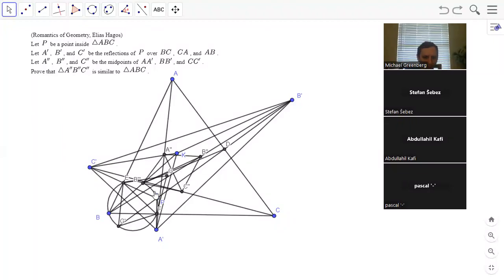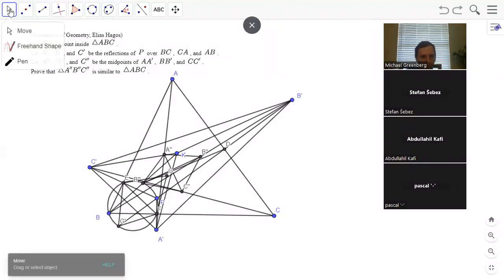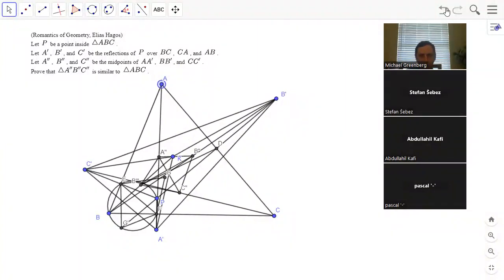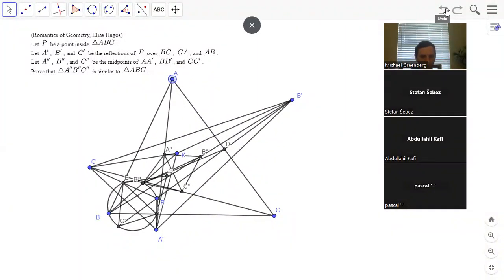But I wonder if B double prime, I don't think it lies on that circle. So no. So we have to show that if you construct K in this weird way, it's the same as the reflection of B over B double prime, which does not seem that easy of a task.